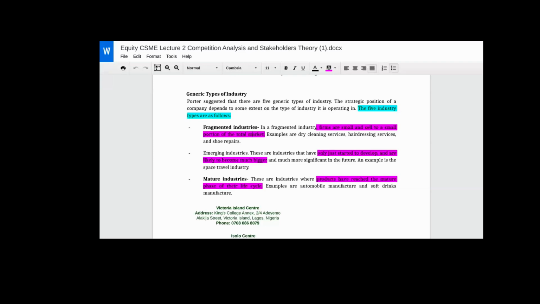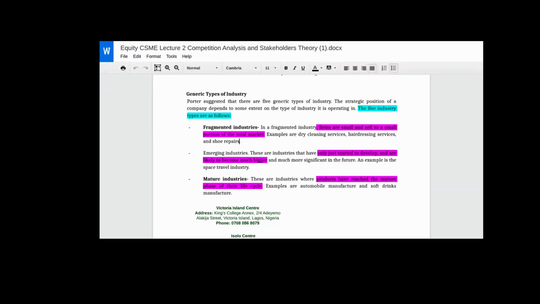We have something like the organizer, dry cleaning services, hairdressing services, small and medium scale enterprises. All these are what we call fragmented industry, smaller industries that make a larger portion of the total market.